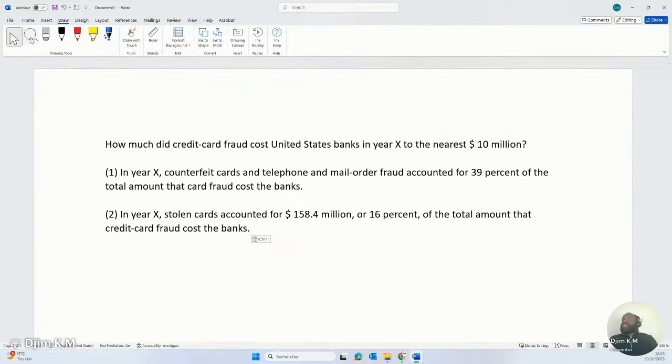So this question says, how much did credit card fraud cost United States banks in year X to the nearest $10 million? The first condition: in year X, counterfeit cards and telephone and mail order fraud accounted for 39% of the total amount of card fraud cost to banks.